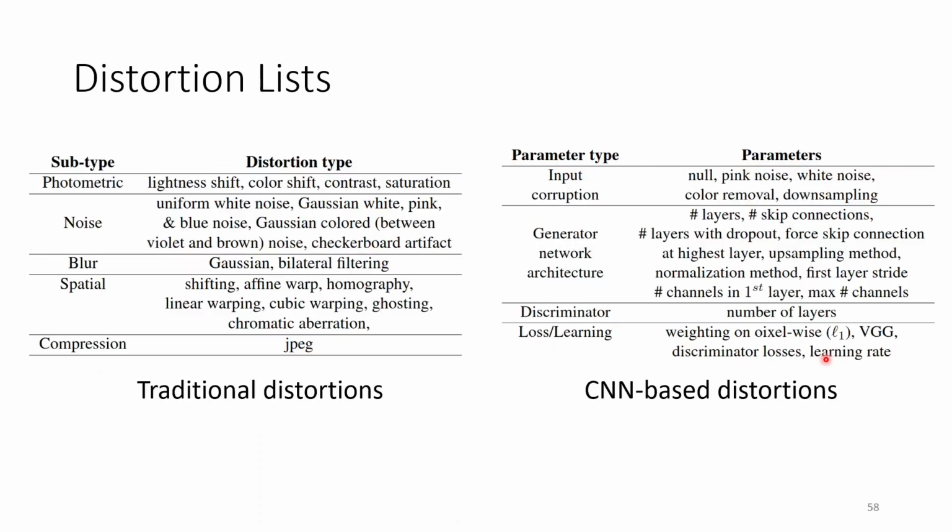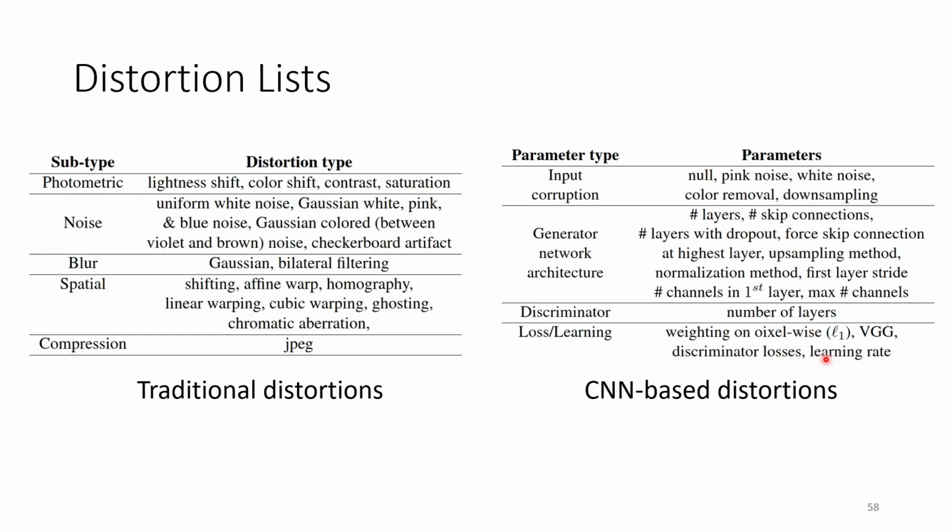They create a dataset containing a lot of distortions, and because they don't know what kind of distortion will happen in the future, they collect as much as possible.